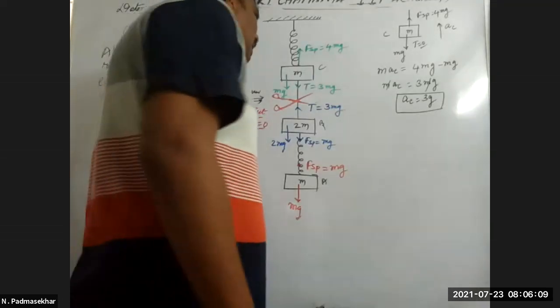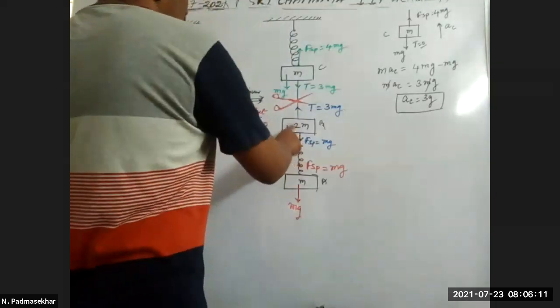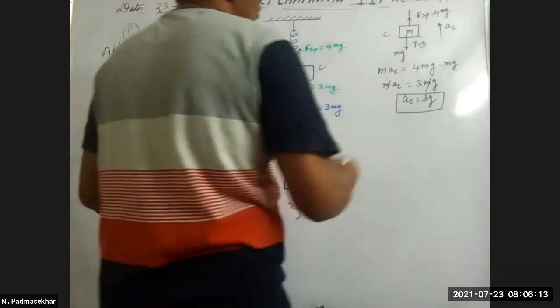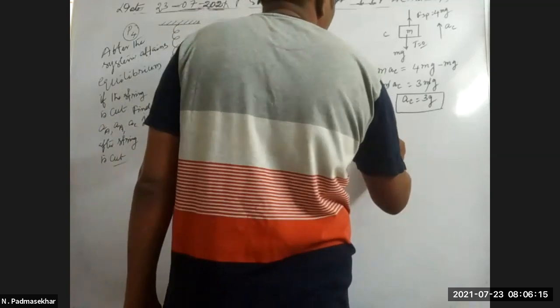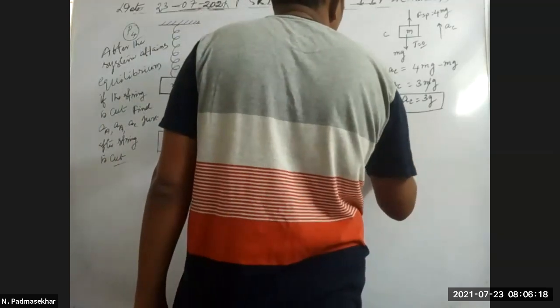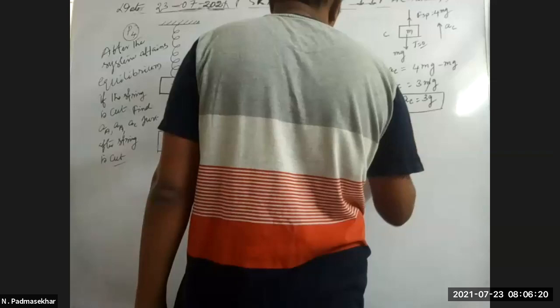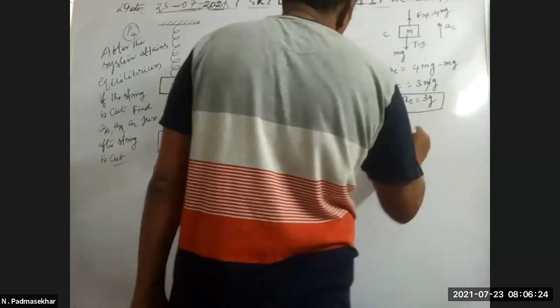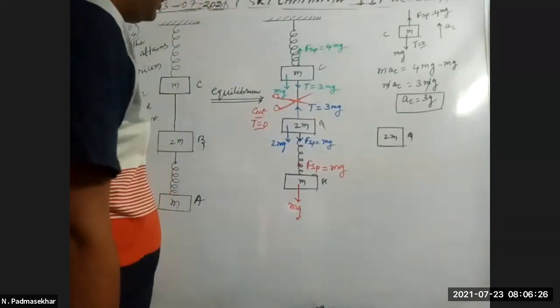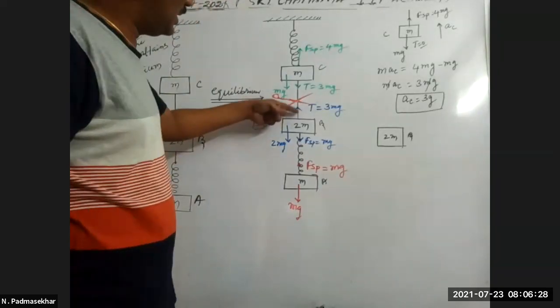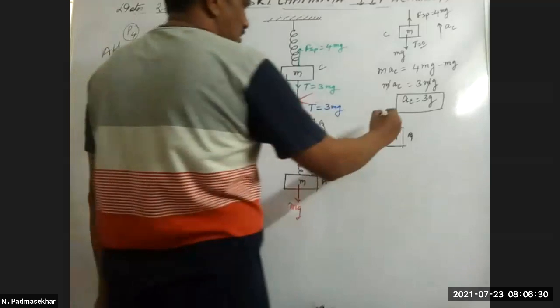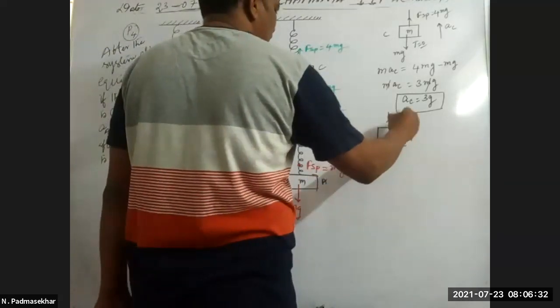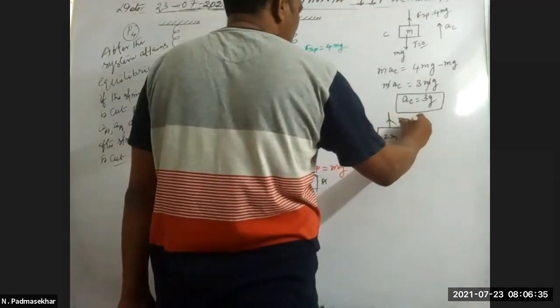Now the acceleration of block B. This is block B, it is 2m. And see, the tension here is equal to 0.